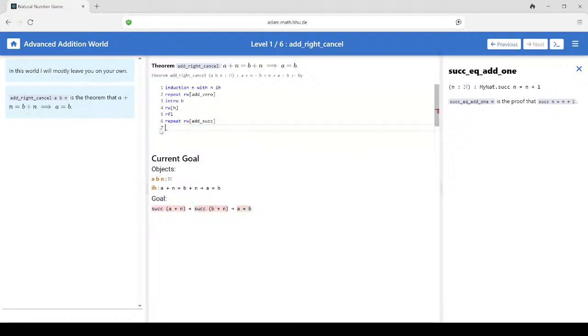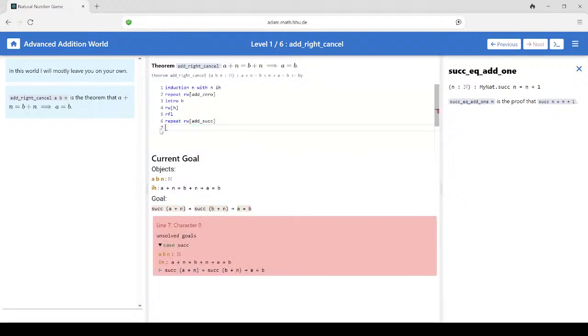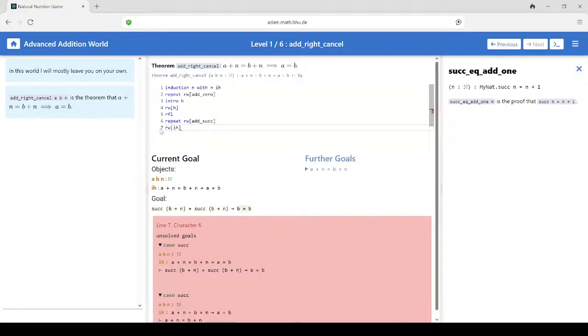What if I... Oh yeah, that worked. Now we have the same thing on both sides.